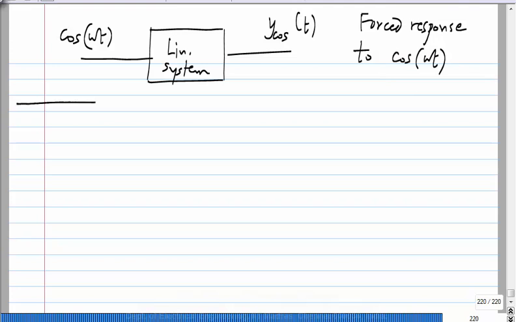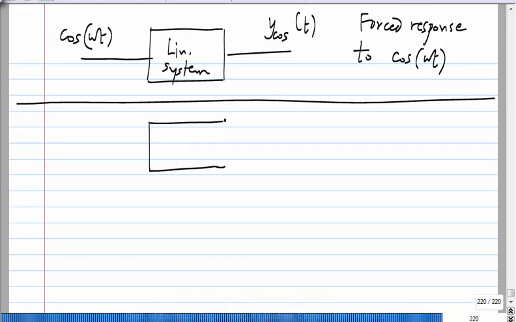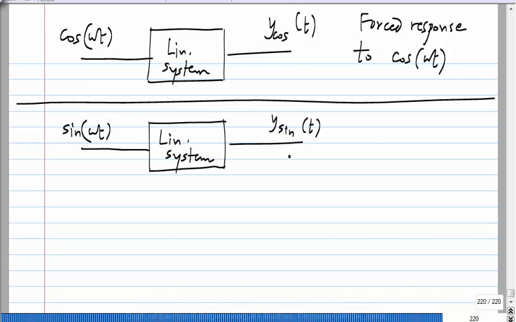So this is what I want to calculate, but let me imagine that I have the same linear system, and to that I feed sin omega t, okay, and the response will be something else, and I will call it y sin of t.